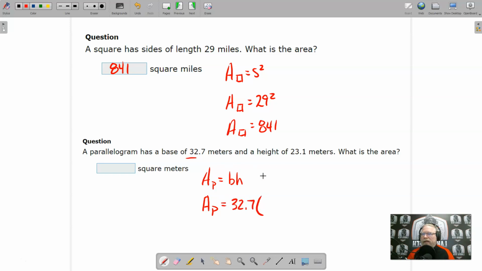We're going to multiply that times this height here of 23.1. And whenever we do that, the area of this parallelogram is going to equal 32.7 times 23.1, which is 755.37.